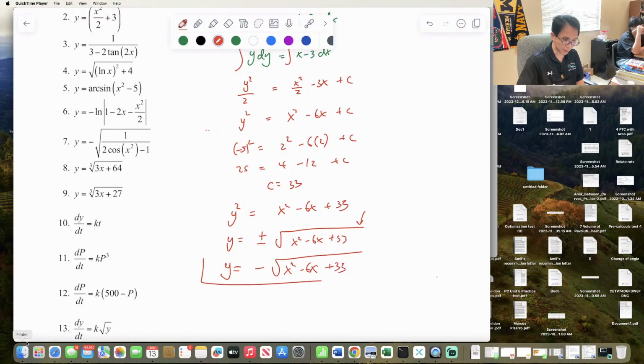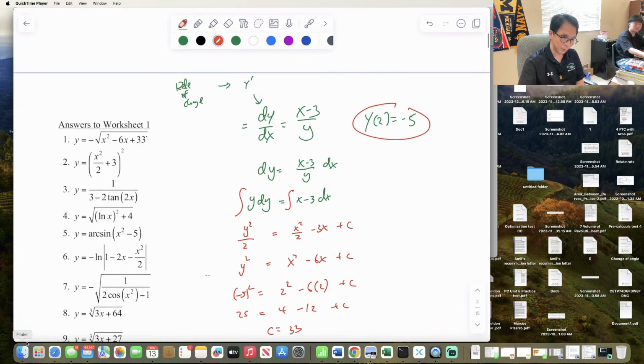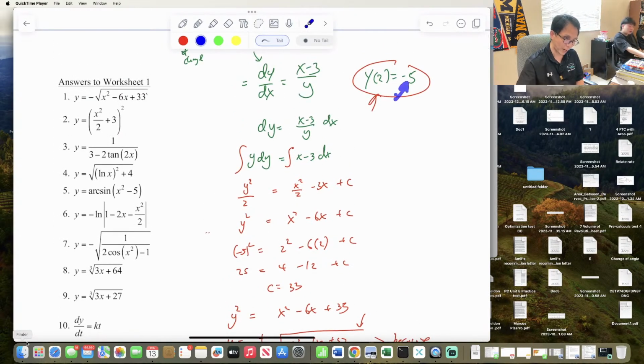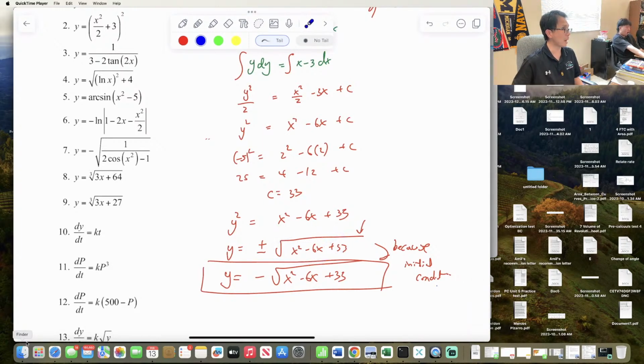Does that make sense? This is the only question that has this. You have to choose the negative because if I plug in 2 in the positive case, am I going to get negative 5? No. The square root of something is always positive. But remember, when you take the square root, you have two choices, positive and negative. You have to pick the right choice. Does that make sense?